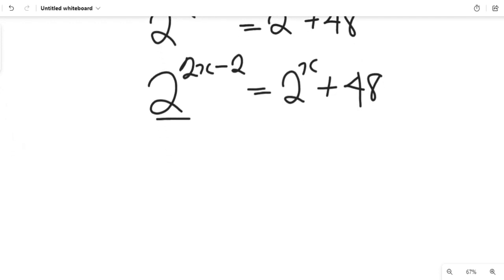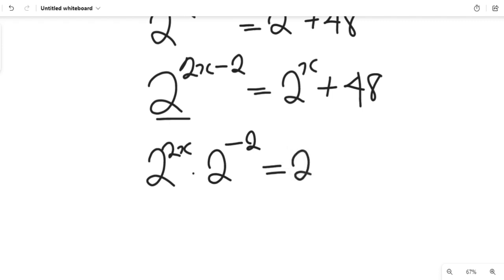If we separate that, we're going to have 2 to the power of 2x multiplied by 2 to the power of minus 2 equal to 2^x plus 48.